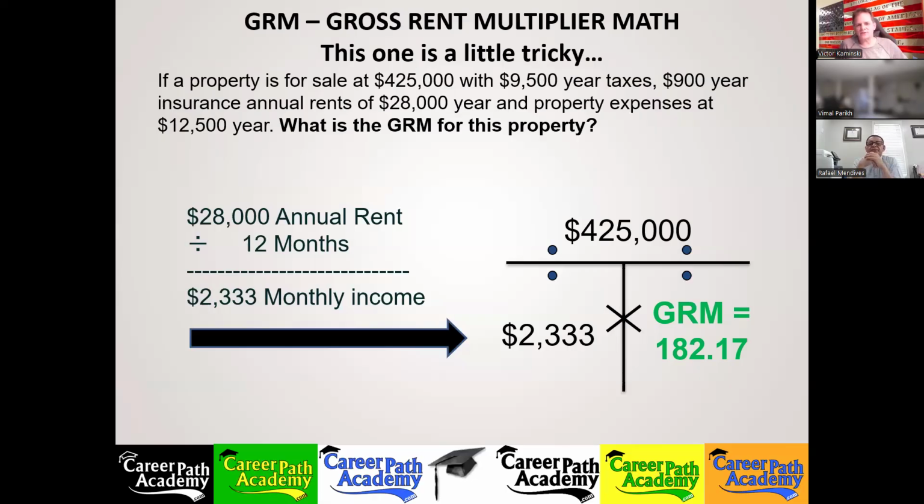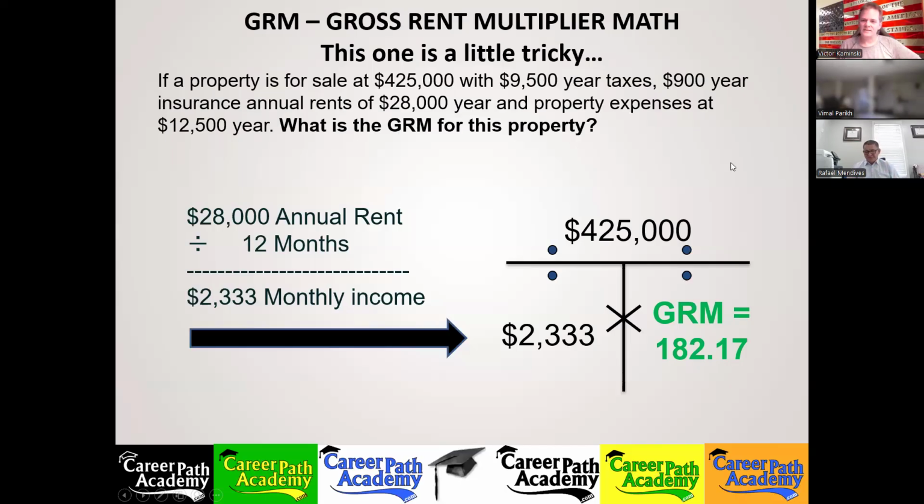So this problem doesn't give us enough information to actually use it for a comparison, because it doesn't tell you how many units. The number itself is insignificant. It's just used to compare two properties.